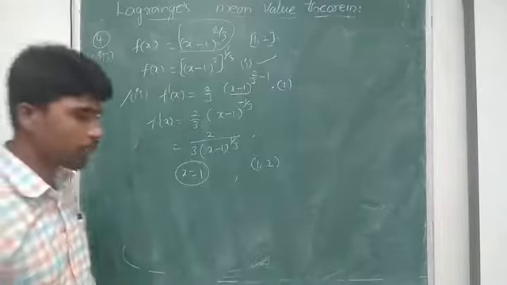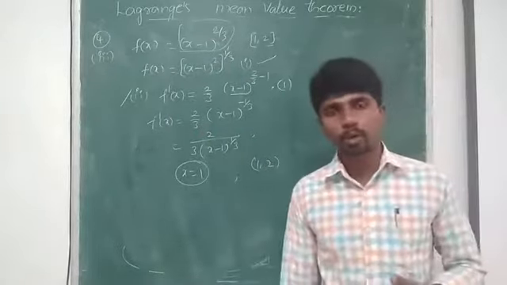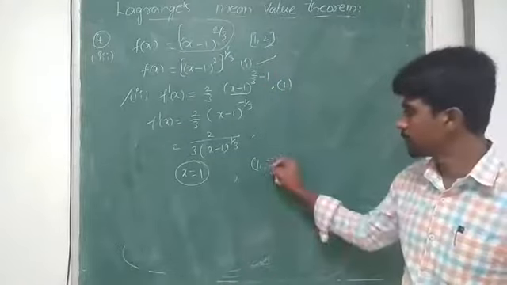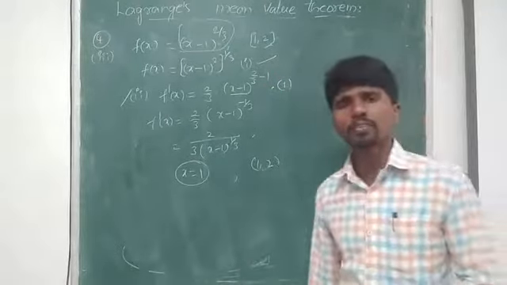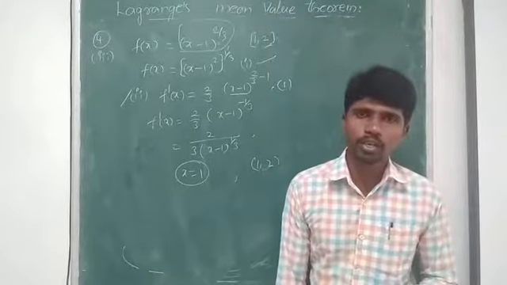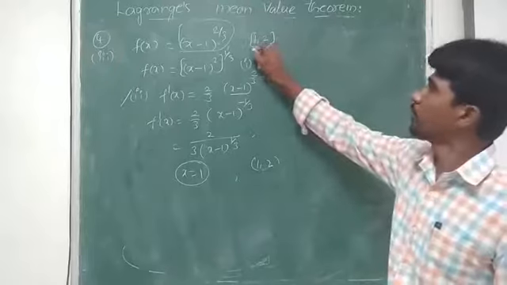Whenever it satisfies Lagrange's mean value theorem, we get one point C, which lies in the open interval 1 comma 2, where the tangent drawn is parallel to the chord joining the endpoints. So what are the endpoints? Endpoints are nothing but the points formed with this.